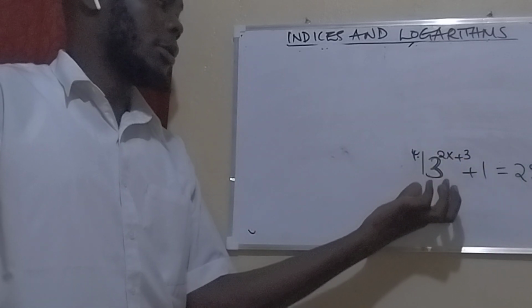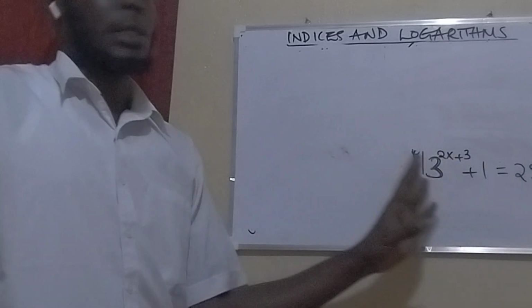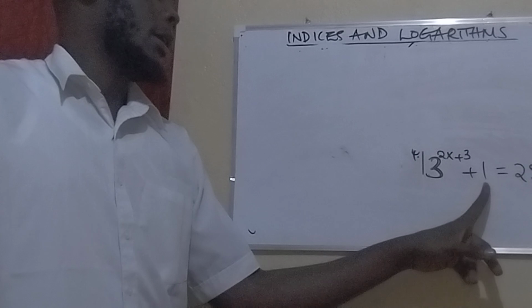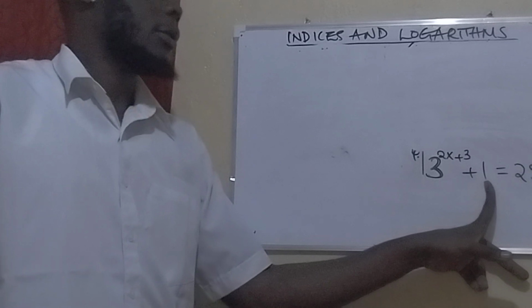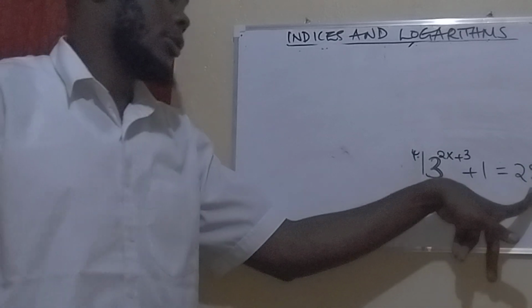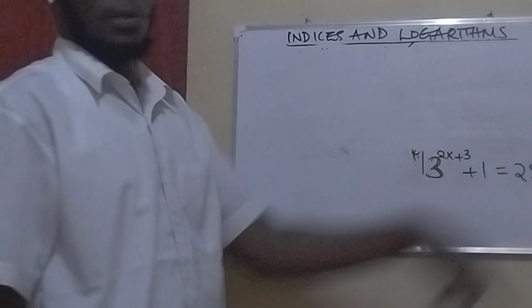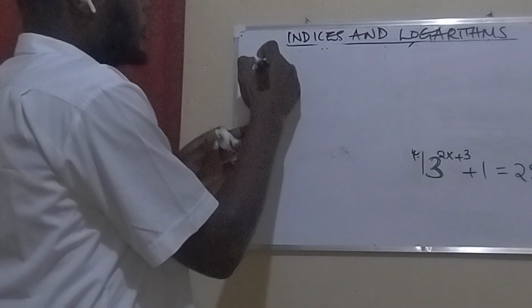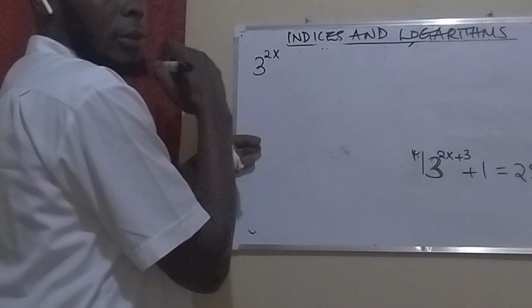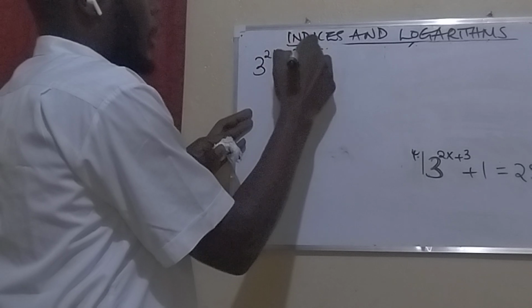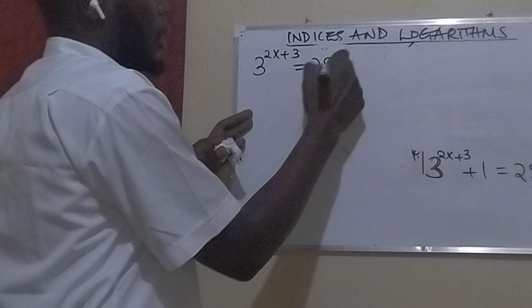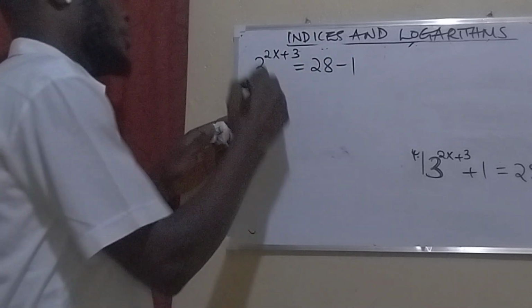So if you look at this question, if you want to write to base 3, this one is 3 power 0. This one you cannot write it to base 3, so you take this one to this side first. You have 3 raised to power 2x plus 3 is equal to 28 minus 1.